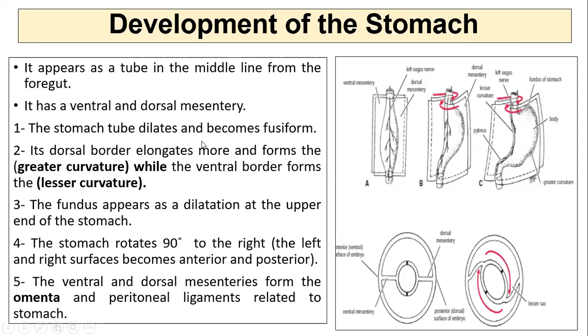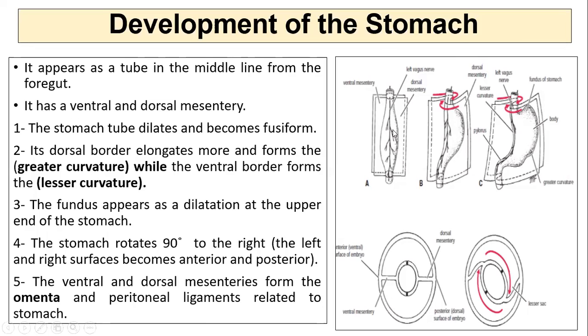The stomach tube dilates and forms a fusiform shape. As I said, initially it will be a tube, later it dilates to form the fusiform shape. This is the fusiform shape of the stomach. Its dorsal border elongates more and forms the greater curvature. As you can see here, the dorsal border, the posterior border, elongates to form the greater curvature.